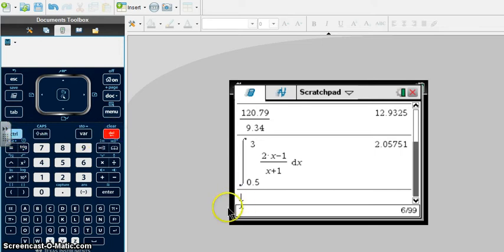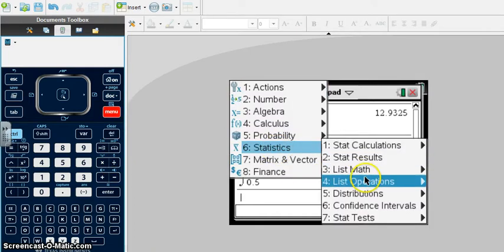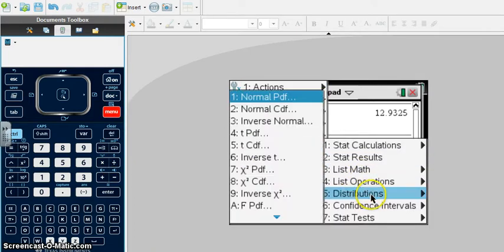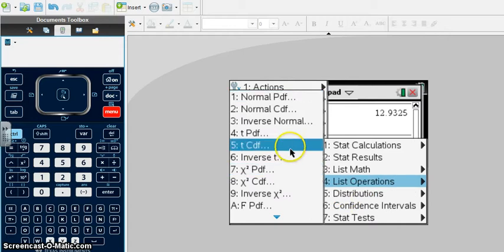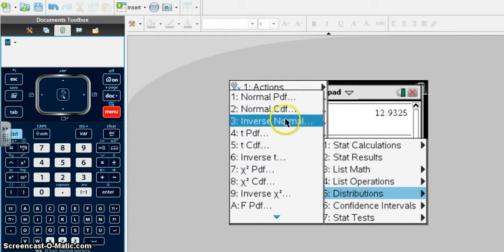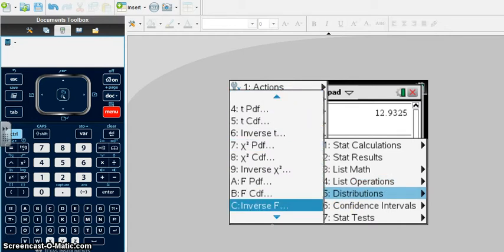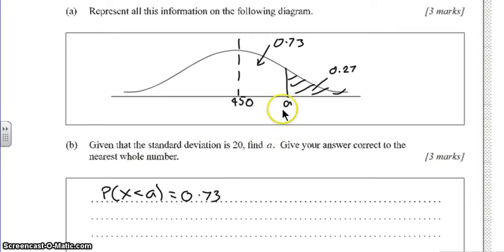Okay, and now I need to do a normal distribution. So let's go to menu, statistics, distributions. Which one of these do I want? Do I want the normal PDF, CDF, or the inverse normal? Looking back at the question, I know the area and I need to find the value here, so that is an inverse normal. So we go to the inverse normal.